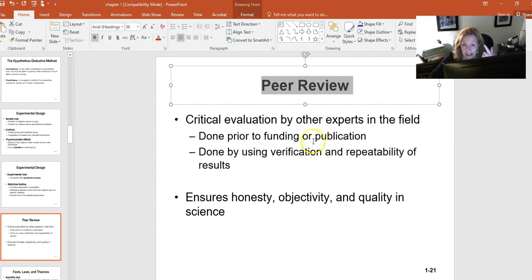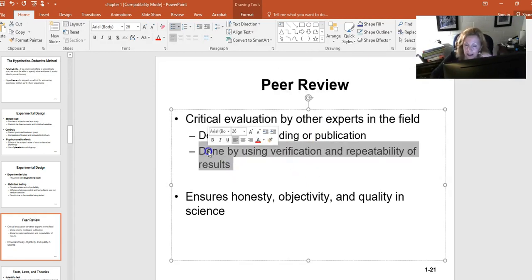They're not getting any professional fame. They're not getting anything for repeating all the things and getting their results. They're doing it for science. And if they do get the same results and are verifying it, then that supports that final statement that would be made for that particular scientific theory.